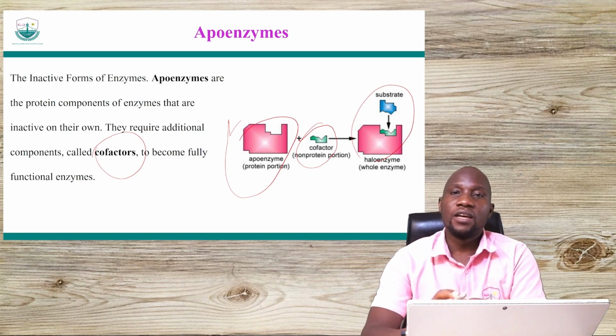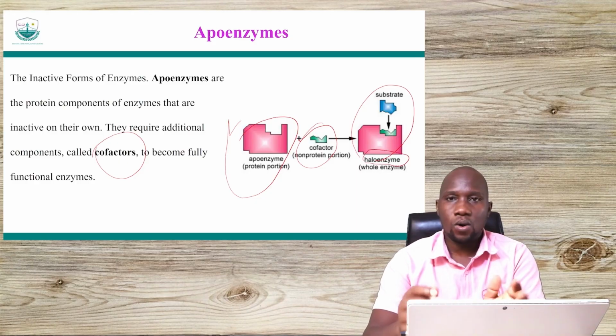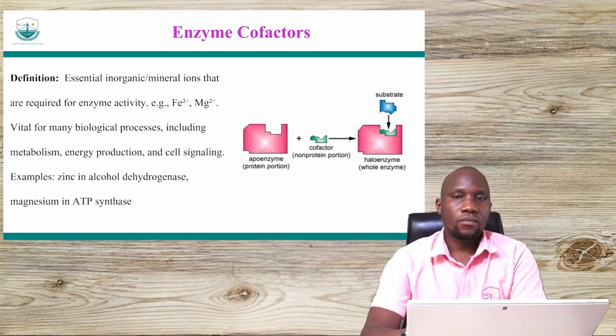So the whole thing, where you have the cofactor and the enzyme forming, you have what you call the holoenzyme, the whole enzyme. Okay, so generally we use cofactors to talk about the inorganic and the organic compounds that are needed for the enzyme to work very well.